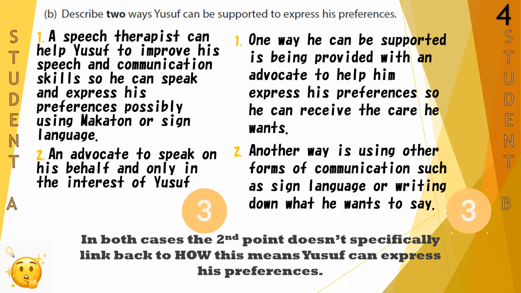So that's my assumption as to why they didn't get the mark for the second. They got the mark because it is correct, and I'm assuming they lost the mark for not tying it back to how that helps with his preferences.